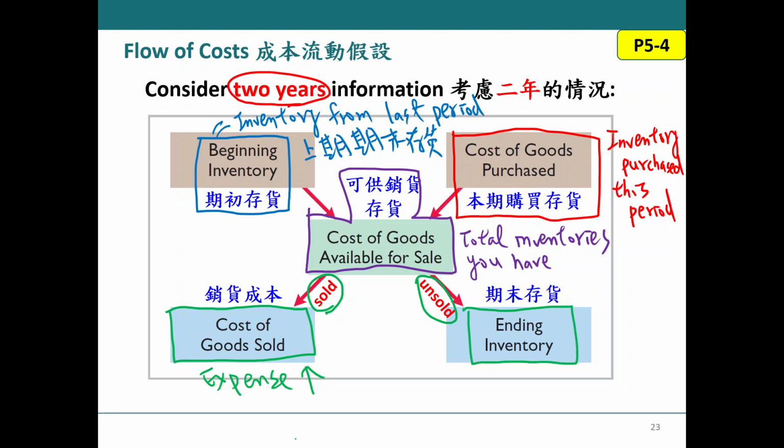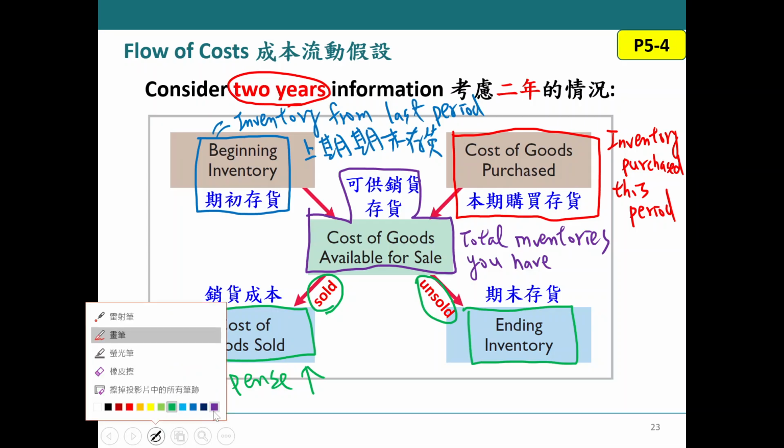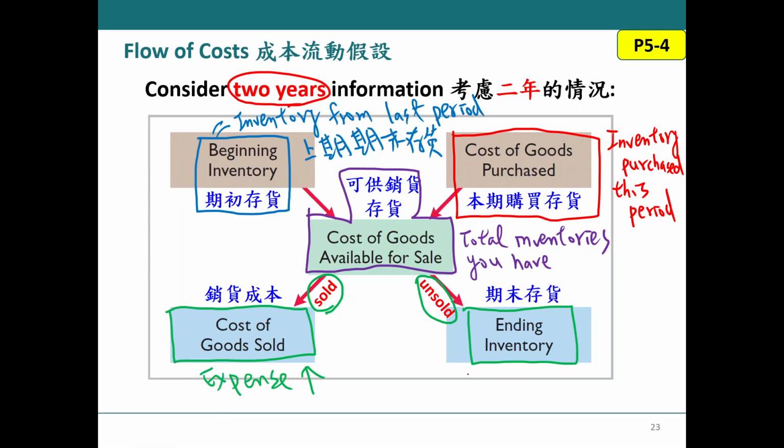So what does it mean? The inventory you still have on last day. So on last day, the inventories in your company. Okay, and for the inventory we have, they will become the beginning inventory next year, right?